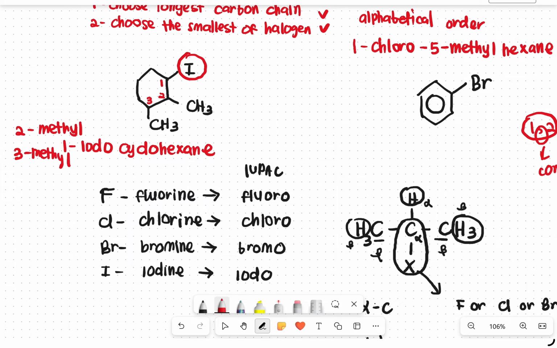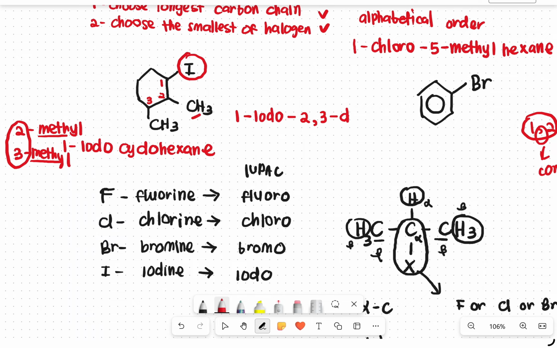Now we combine it. You have the same methyl. If the same methyl, we just combine it. Between M and I, methyl and I, I comes first. So the name will be 1 iodo, and then 2, 3, since the substituents are the same, we just combine it.